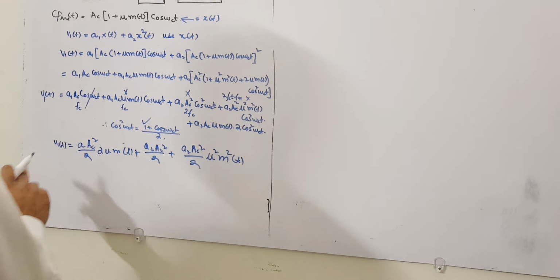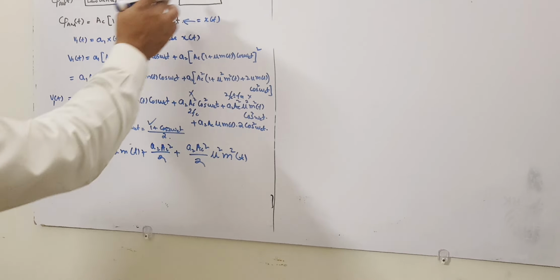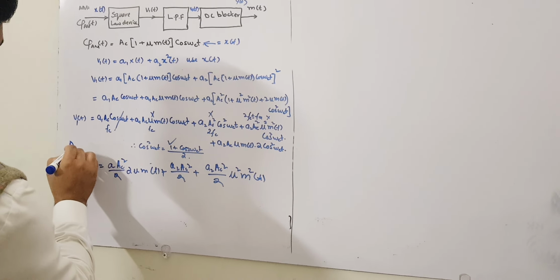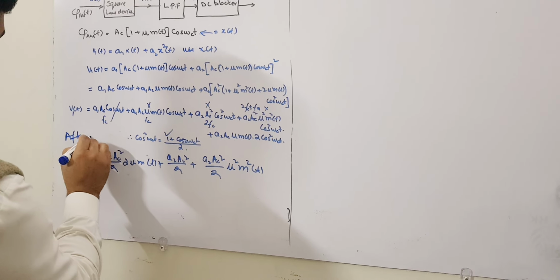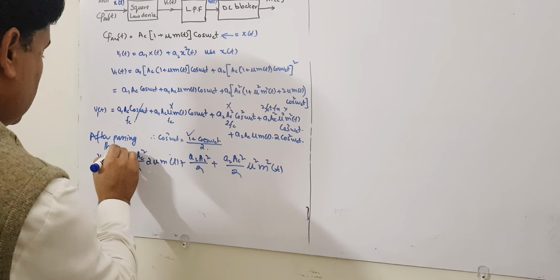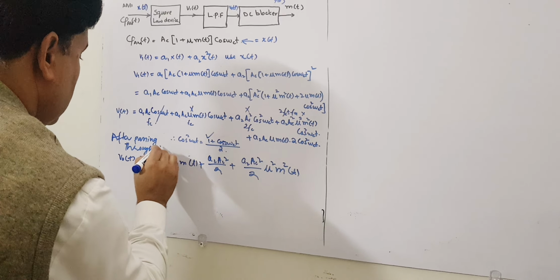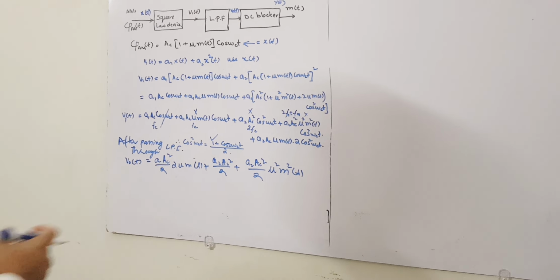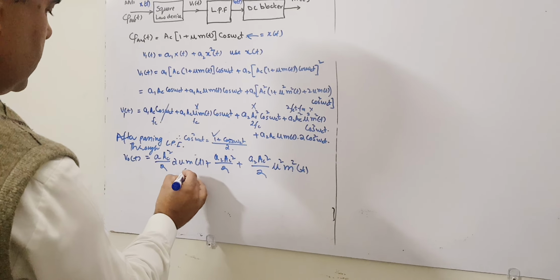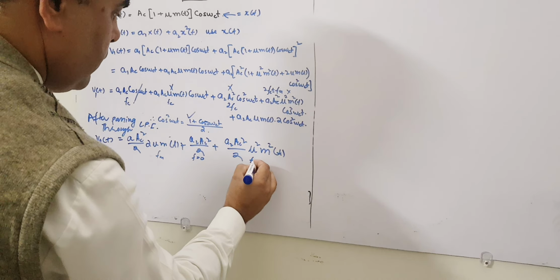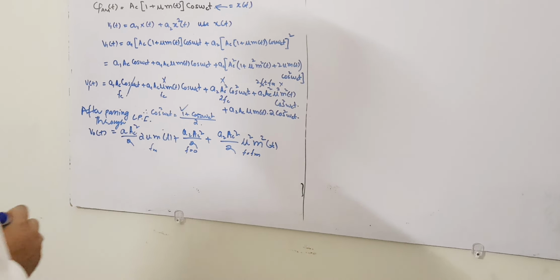So that is the output of the VOT after passing through the low pass filter, because the frequency of this signal is fm. So the frequency of this signal is 0, the frequency of this signal is again fm.